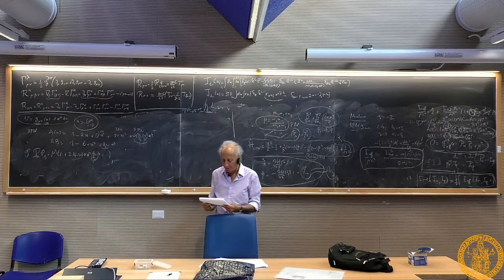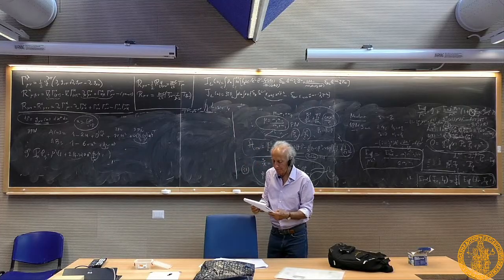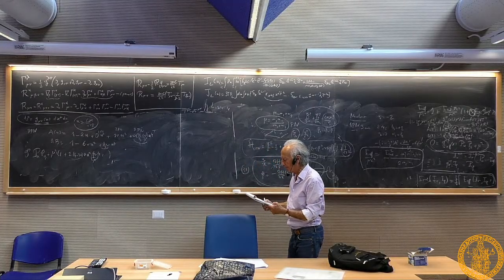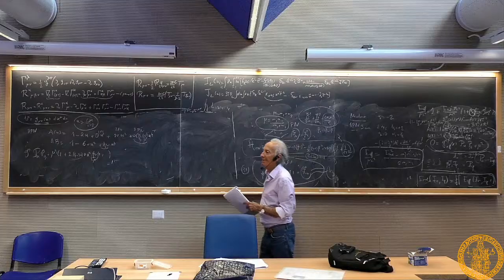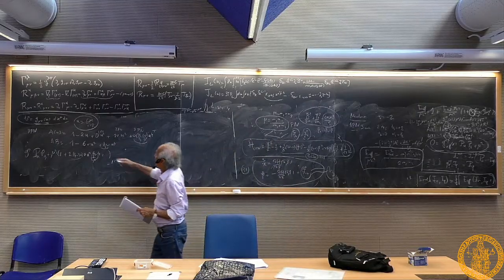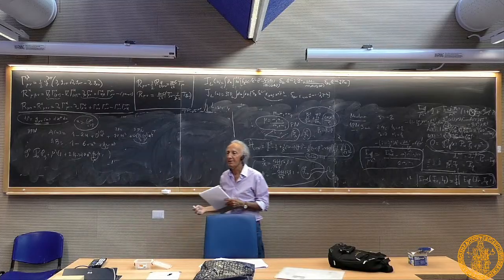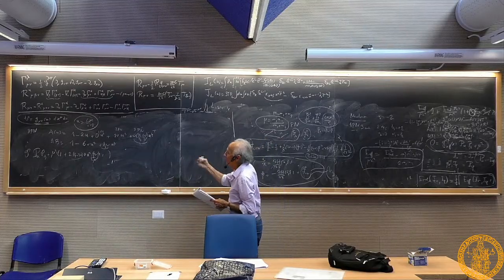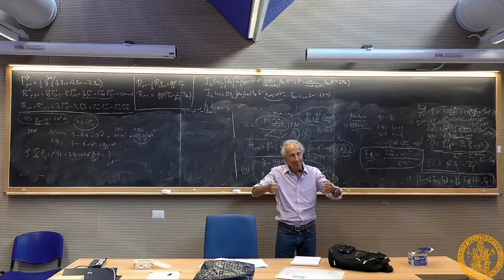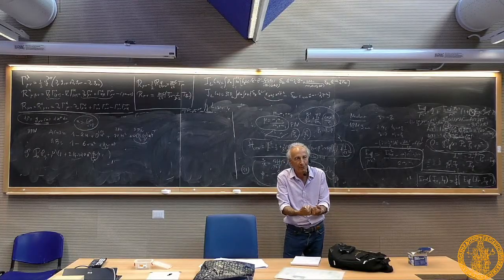Okay, so it looked like a good starting point, but there was one caveat. The potential A, in Schwarzschild, you know, this is 1 minus 2m over r. This is the main gravitational potential, okay?